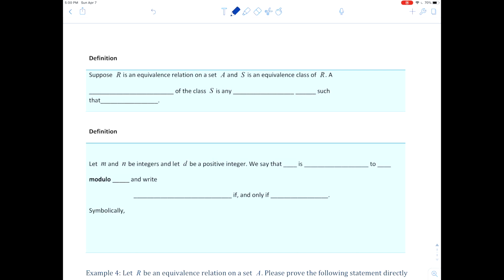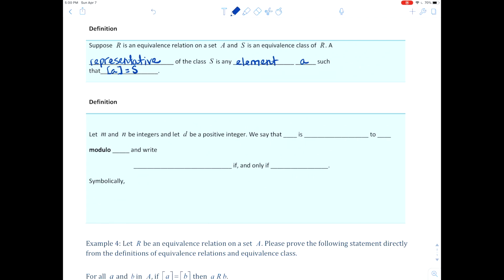So suppose R is an equivalence relation on a set A and S is an equivalence class of R. A representative of the class S is any element a such that the class of a equals S. All right? So, another definition. Let m and n be integers and let d be a positive integer.